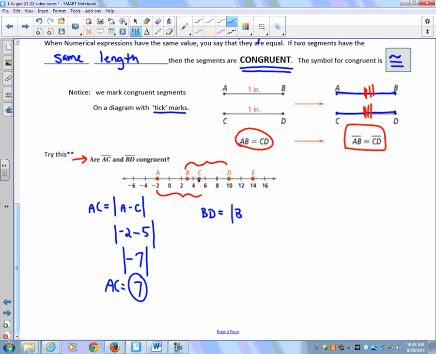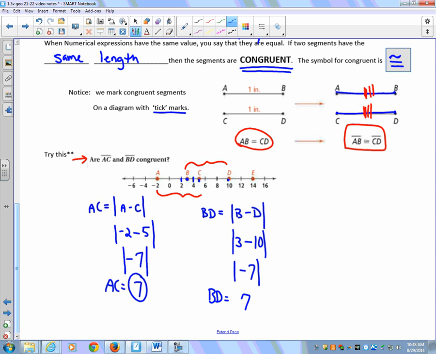Again, B minus D, absolute value. The coordinate of B is between 2 and 4, so that must be 3. Minus D is 10. So 3 minus 10 is -7 again, and the absolute value of -7 is 7, so BD equals 7.